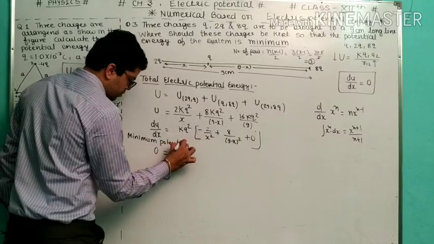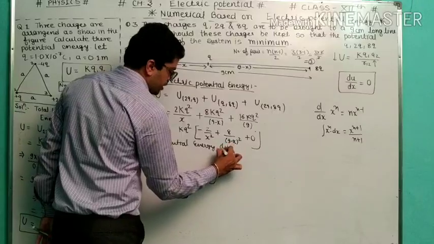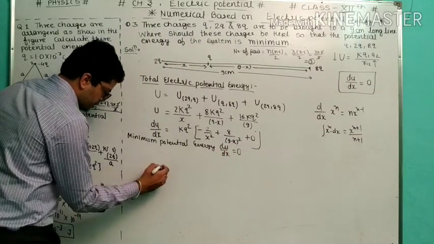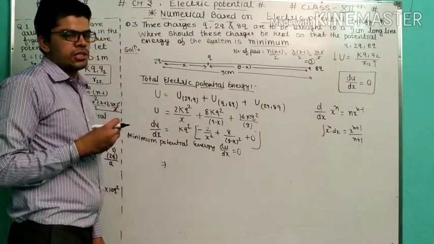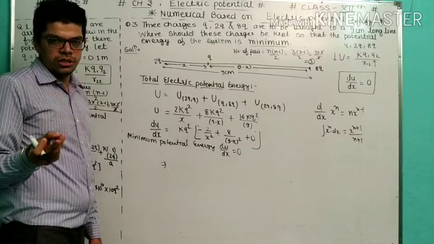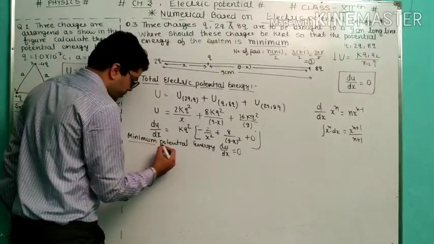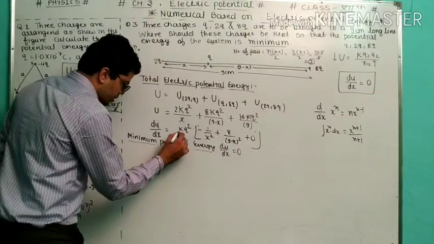For minimum potential energy, dU by dx is equal to 0, because electrical potential energy is not zero or negative here. So that's what we have to find out. The differentiation of potential energy is equal to 0.